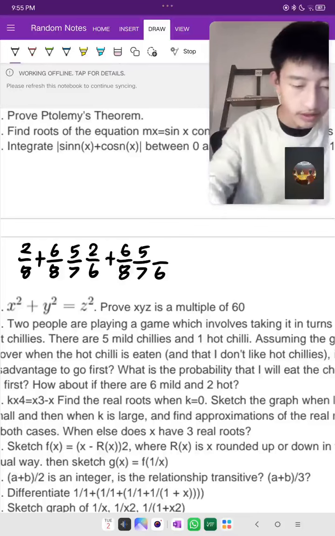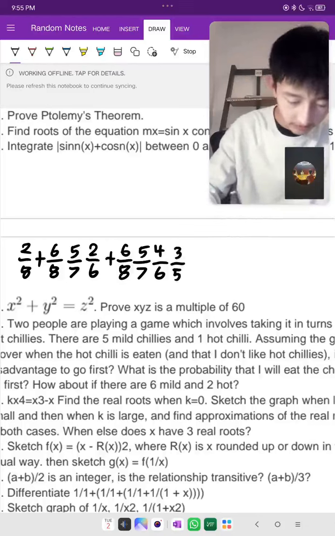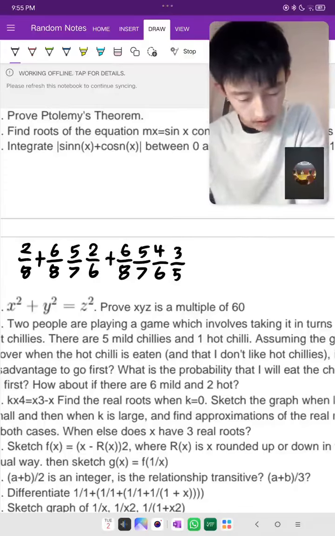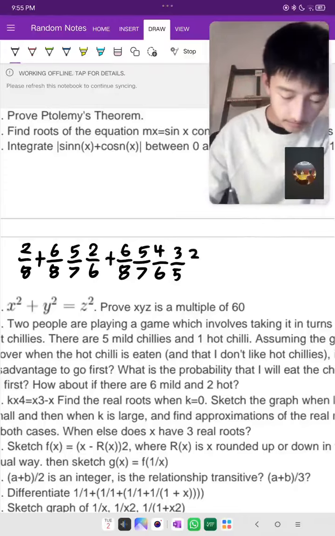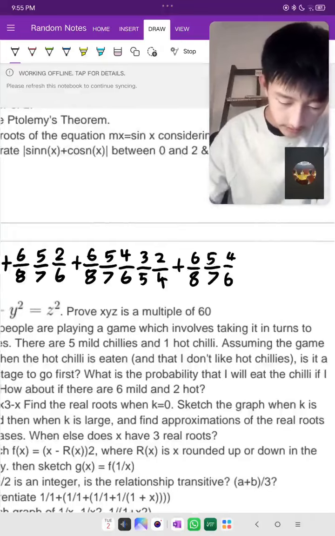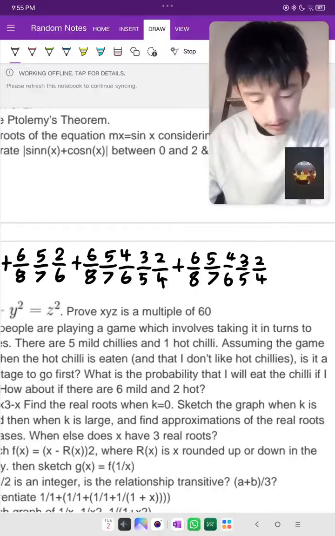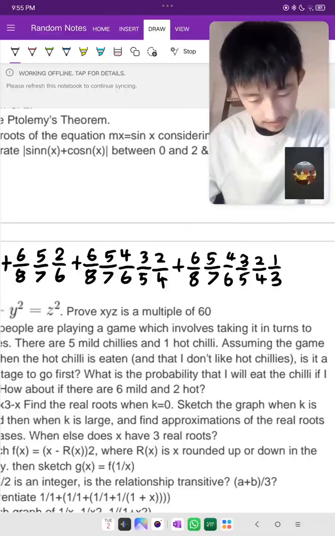So this would be 4/6, then 2/5, then plus 6/8, 5/7, 4/6, 3/5, 2/4, 1/3, then there's nothing left.